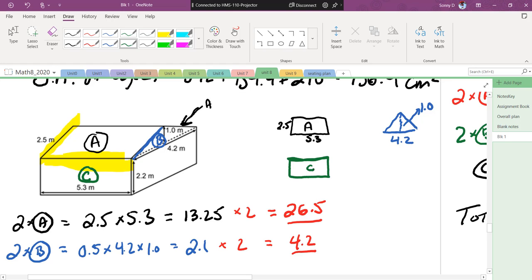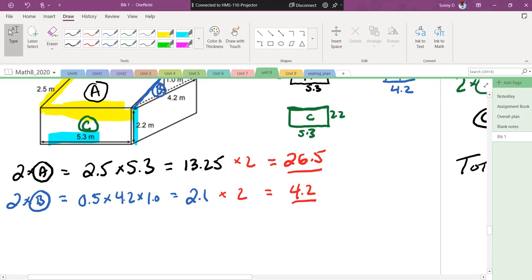Okay. So for a rectangle, we need to know what the length and the width of a rectangle is. So what are the dimensions that we have? 5.3 and 2.2. Yeah. So 5.3, which is right here, and the 2.2 right there. So length times width, and we said there was two of these.